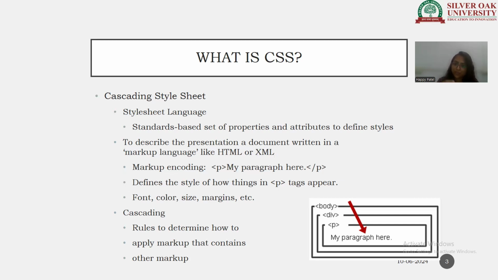So HTML basically is used to describe your content, how the content and the information of your website look. And if you want to give them a style, as in some color or font size or images or video, etc., you need CSS, correct? And again, what is cascading? Cascading basically means there are some rules to determine how to apply markup that contains other markup.